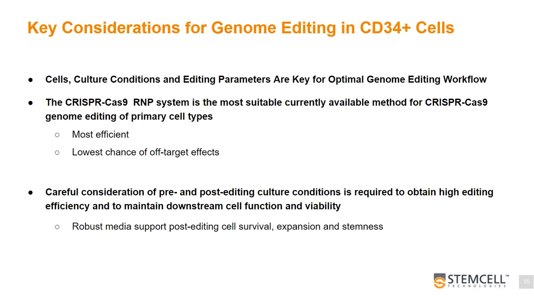The CRISPR-Cas9 RNP system is the most suitable currently available method for CRISPR-Cas9 genome editing of primary cells, because it is more efficient and has a lower chance of off-target effects compared to other expression and delivery systems. And finally, careful consideration of pre- and post-editing culture conditions is required to obtain high editing efficiency and to maintain downstream cell function, viability, and CD34 cell stemness.